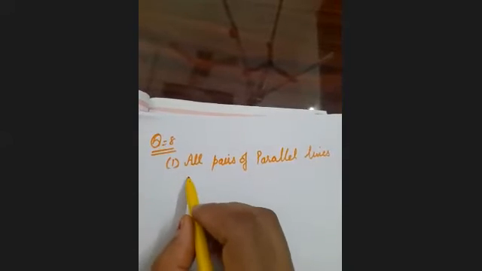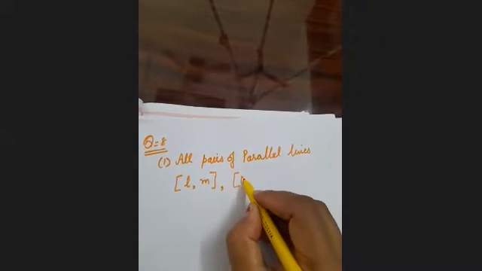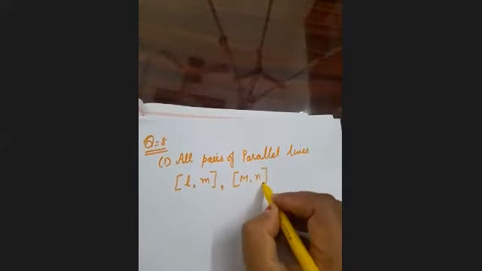So the answer for all pairs of parallel lines is: first L and M, second M and N, third L and N. So these are 3 pairs of parallel lines.